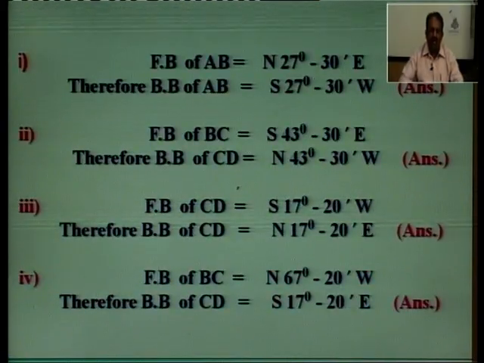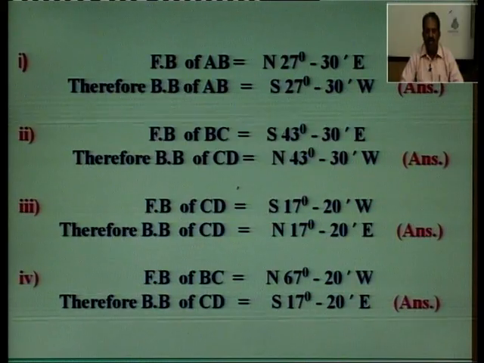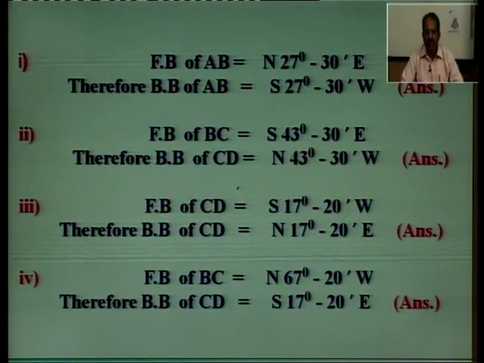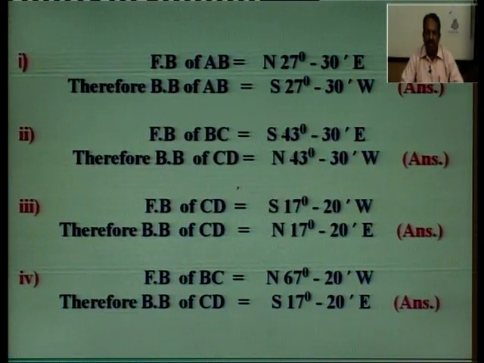In this case, the fore bearing is north 27 degrees 30 minutes east. We replace N by S and E by W. So, it will be south 27 degrees 30 minutes west, very easily. Second case, fore bearing south 43 degrees 30 minutes east, replace S by N and E by W, and the back bearing will be north 43 degrees 30 minutes west.